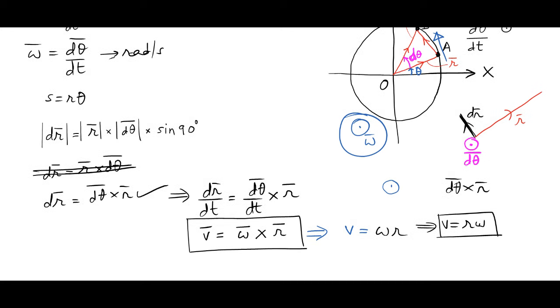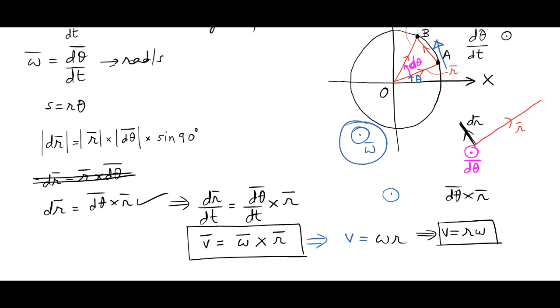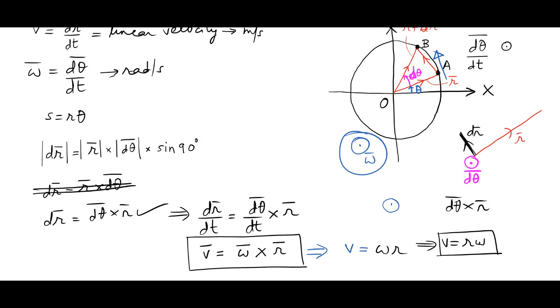So v equals r omega, and sometimes people write this in the form of a vector relation in a slightly different way. This relation is sometimes written as v bar equals r omega times the tangential unit vector.